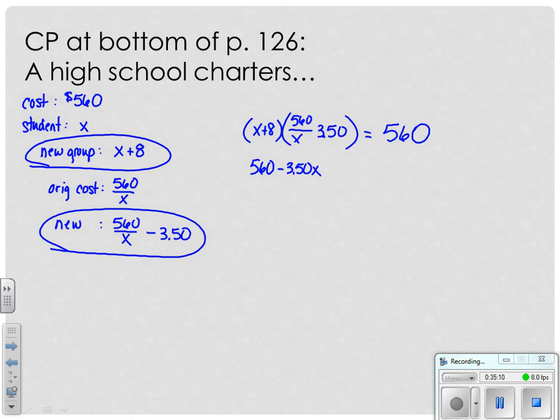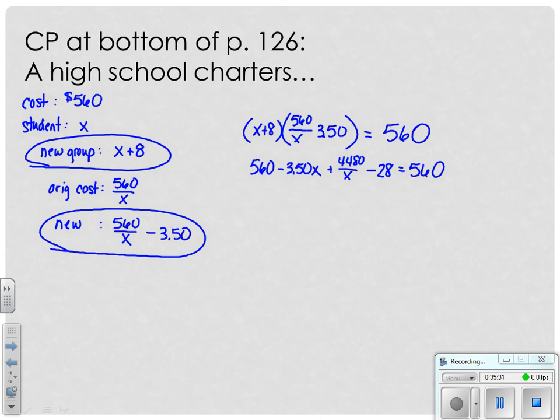Inside, I end up with 4480 over x. That's my 8 times my 560 over x. And then my last one, the 8 times the negative 3.50, is negative 28. And I have that 560 over here.